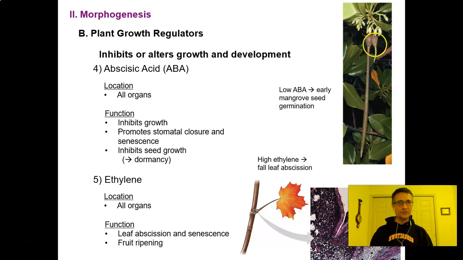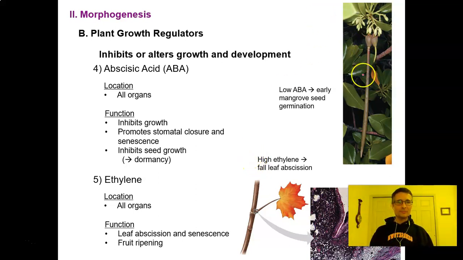This one is much farther along than this particular seed, but this is very advantageous for the mangroves because they need a little bit of an initial root to stick down. As the seed floats along in the water, if it brushes up against some sand, it will get stuck, and then the root will continue to grow and anchor the seed, and the mangrove can start to develop in that particular location.